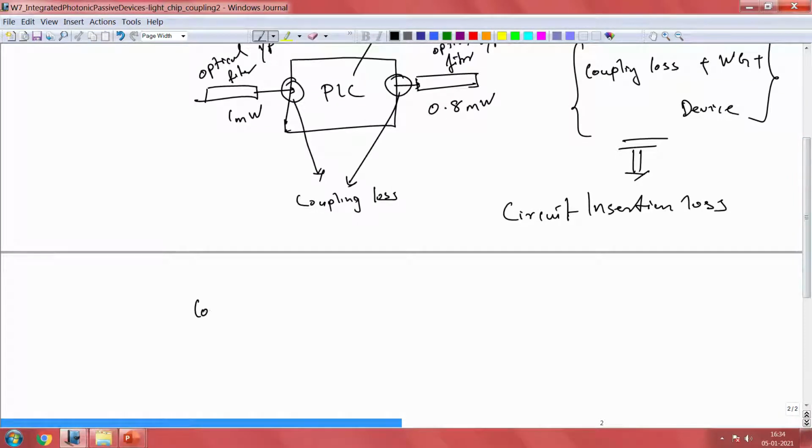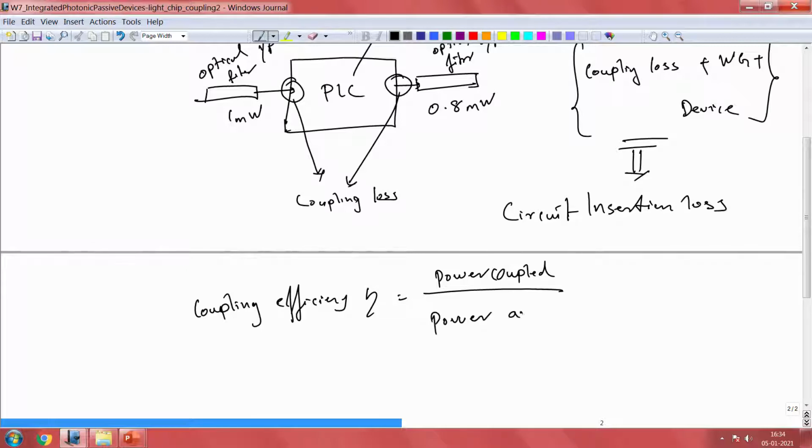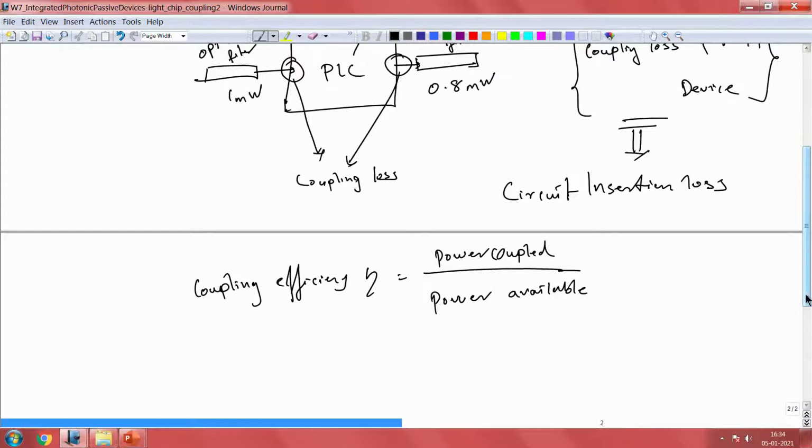Coupling efficiency, theta, is nothing but the ratio between power coupled into the target to power available. So, this is our coupling efficiency.